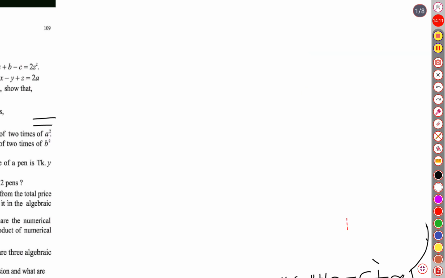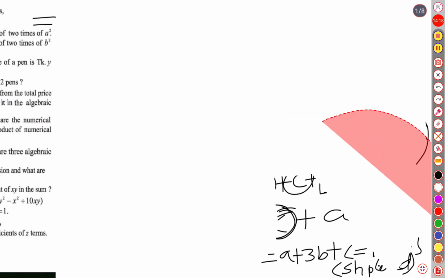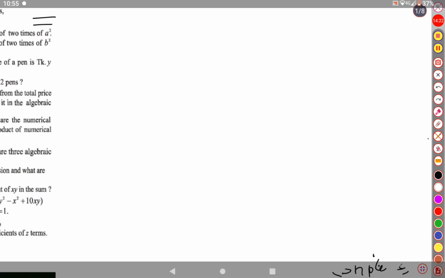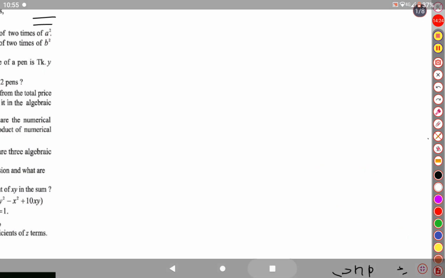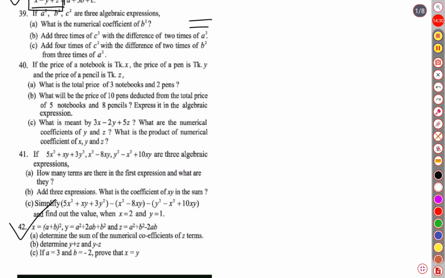I mean, there are three parts in the same question. Well, eraser has been completed. Now let's go to the question.